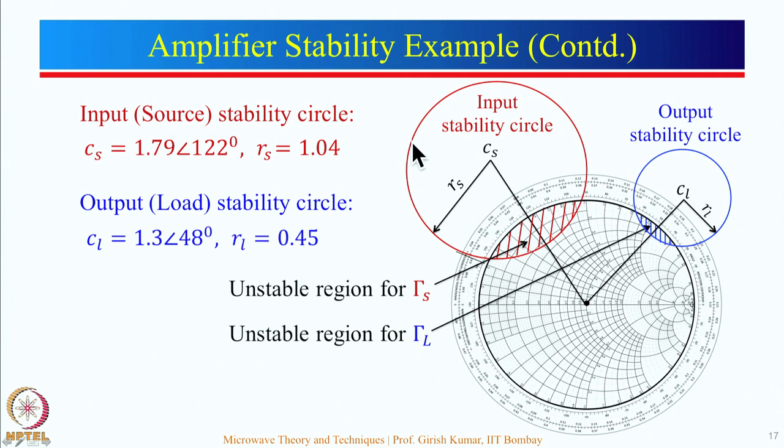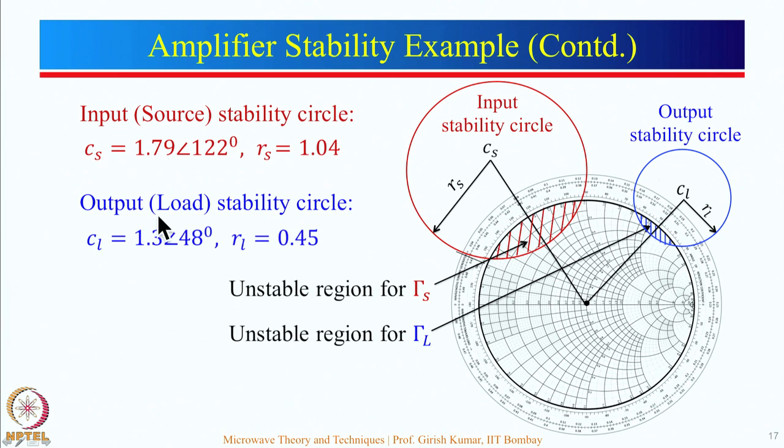So, 1.79 minus 1.04, which is equal to 0.75. So, again assuming if this is 10 centimeter, 0.75 will be 7.5 centimeters. So, locate this particular point here, and then approximately draw this particular arc. So, even if you can't draw, it is okay.